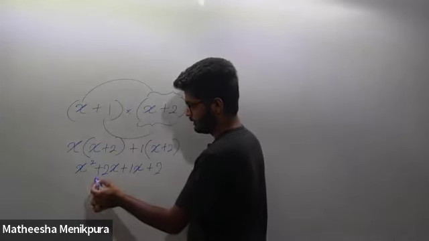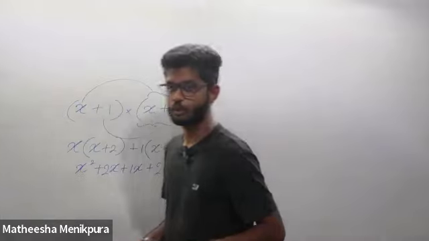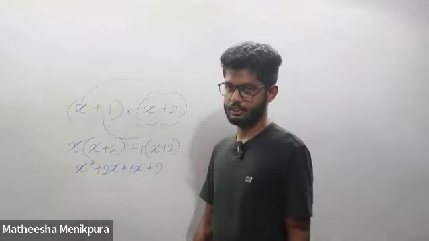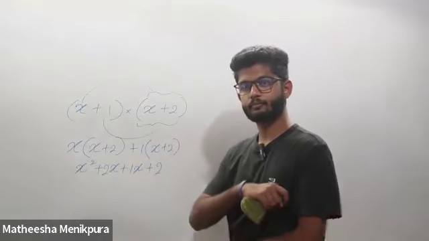So now, after removing the brackets, we have to check whether there are any like terms. Do we have like terms here? Yes, sir, we have. What are the like terms? 2x and x.